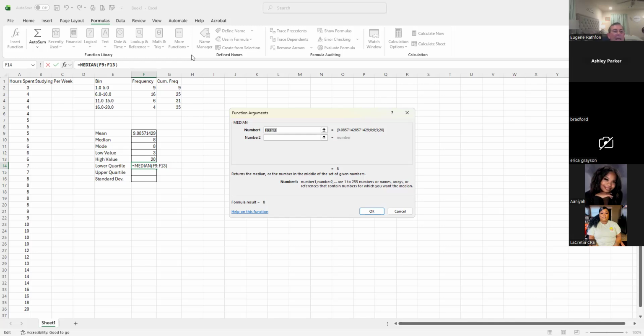I had the most data from 6 to 10. That was 46%. And I'll show you how to highlight that where it actually shows you those percents and everything, okay?